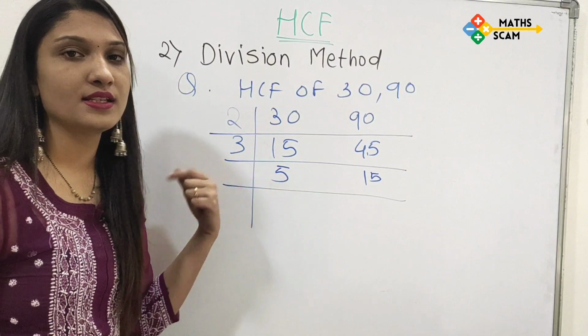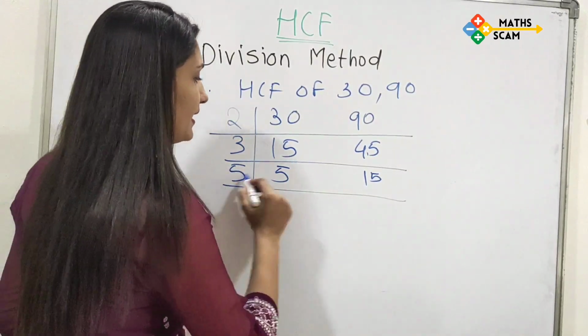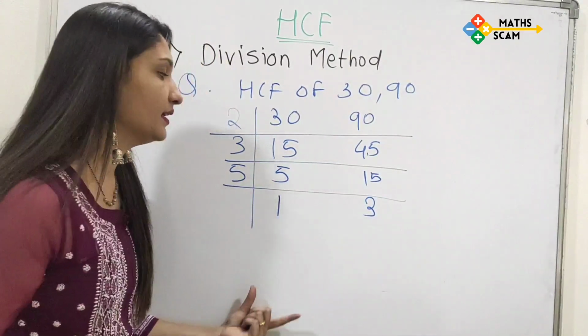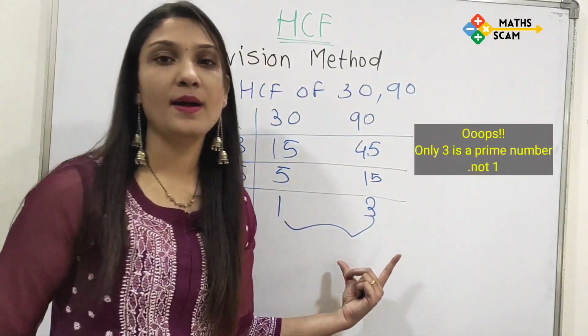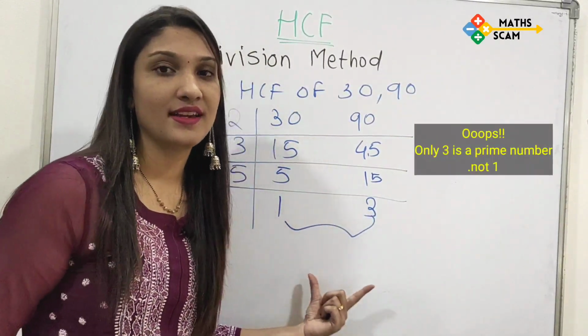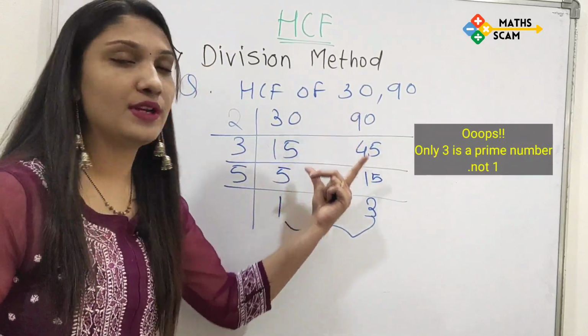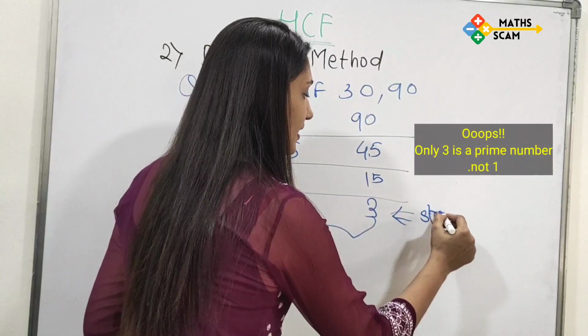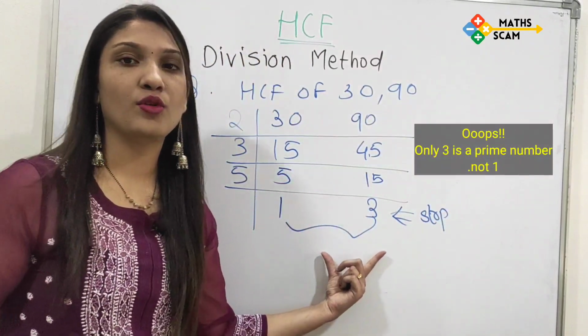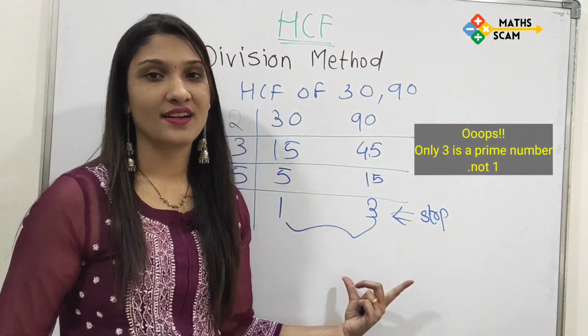That's why we have taken another prime number, 5. So 5 1s are 5, 5 3s are 15. Okay. So now we have got prime numbers at the end, so we will not proceed again. We need to stop here.